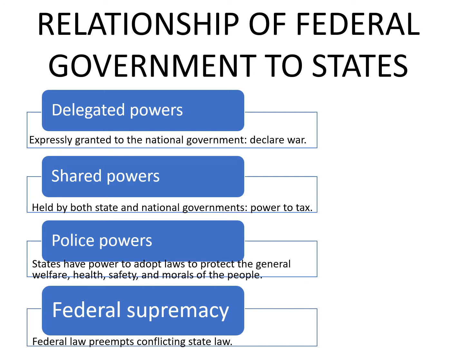But the colonies were very wary of trading one dictator, the King of England, for another. So initially, they were not in favor of having a strong president or a strong executive office, and they didn't want the federal government to have too much power. This is important. It's important to understand that the states really felt that they were agreeing to cede power to create a federal government.